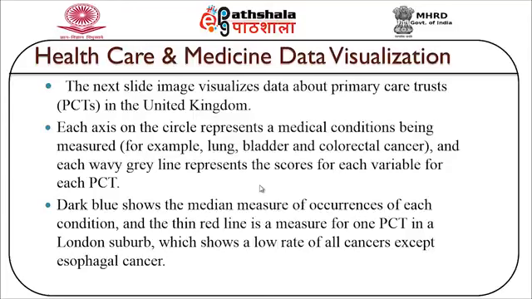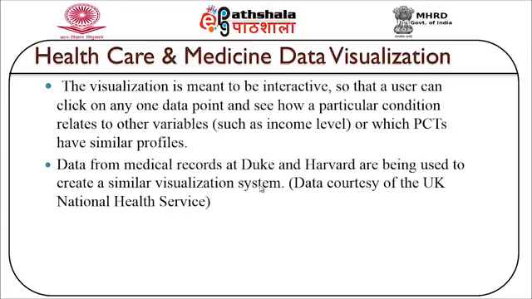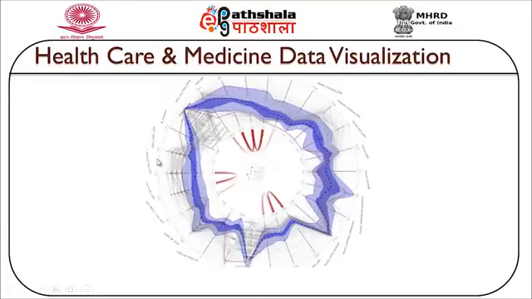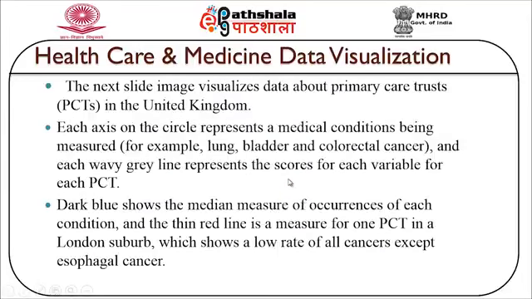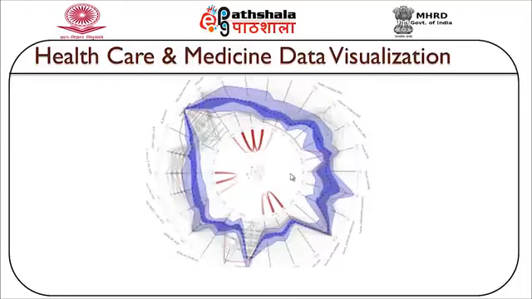Dark blue shows a median measure of the occurrences of each condition, and the thin red line is a measure for one PCT in a London suburb, which shows a low rate of all cancers except esophageal cancer. So here is the thin red line for one suburb region.